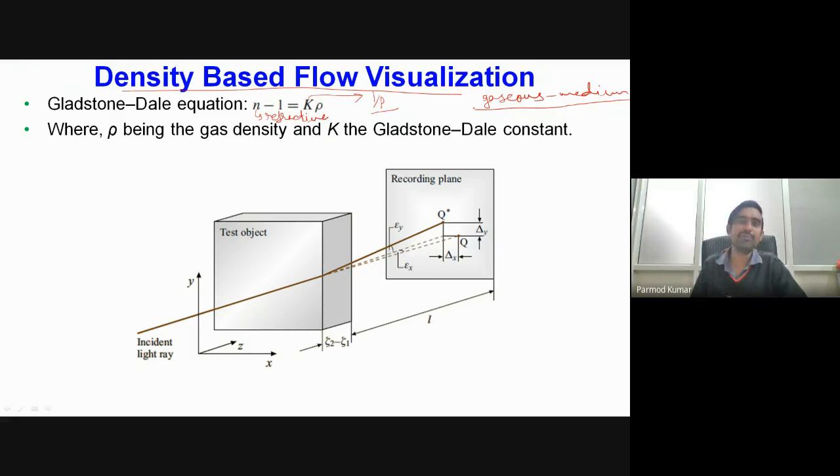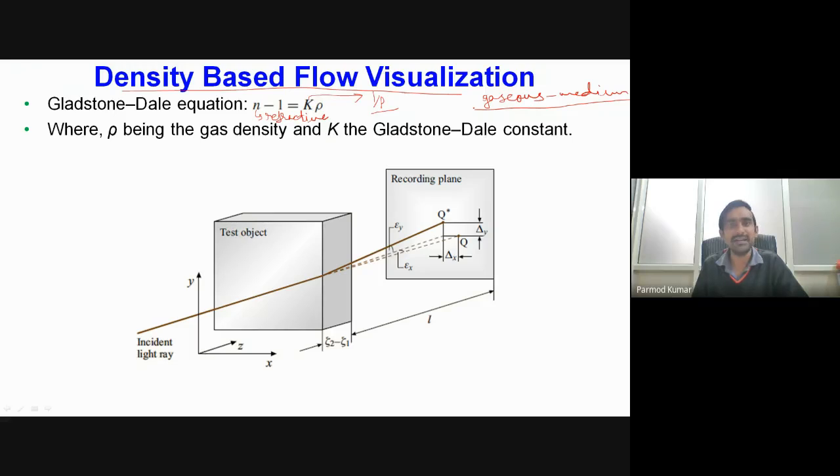While we are talking about flow visualization, majority of the time, based on this density stratification, we try to visualize only flow configurations where a gaseous medium is the participating fluid. If we have liquid as the participating medium, it becomes very easy to add some fluorescent dye into the liquid medium, and we can visualize the flow field based on the traces of that dye.